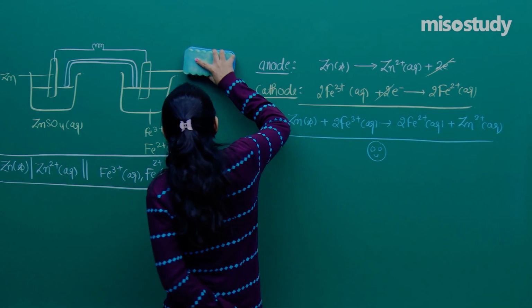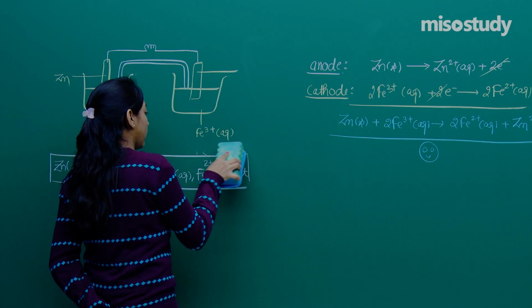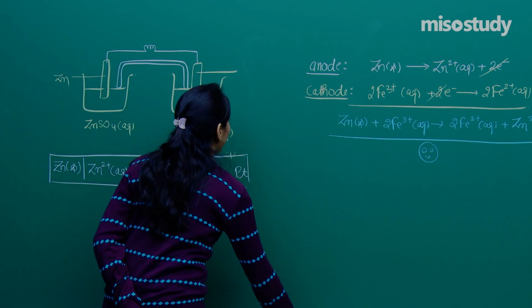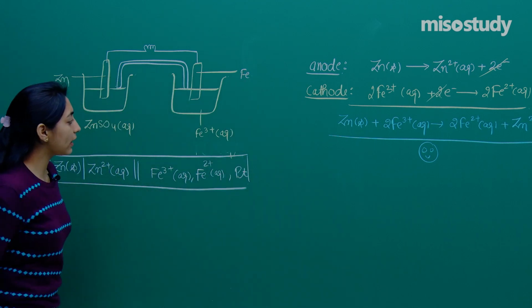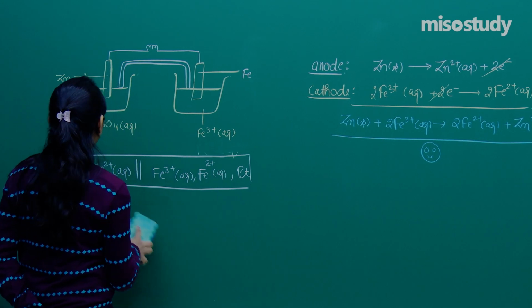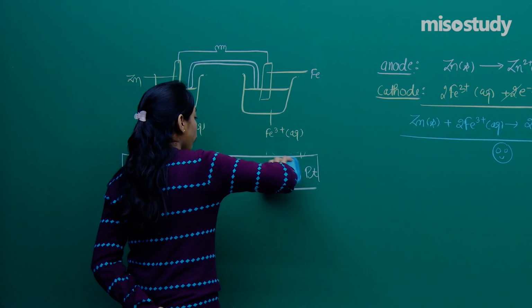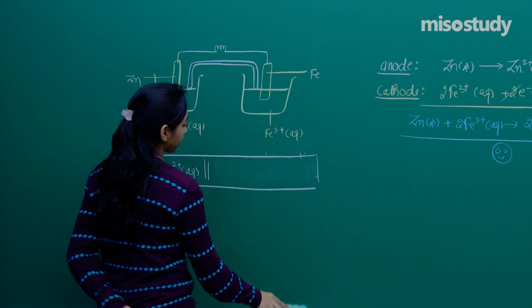So instead of taking a platinum electrode, I am taking an electrode which is made of iron only. And instead of taking a solution containing both Fe3+ and Fe2+, we will just have Fe3+. Now we need to do the cell representation again.